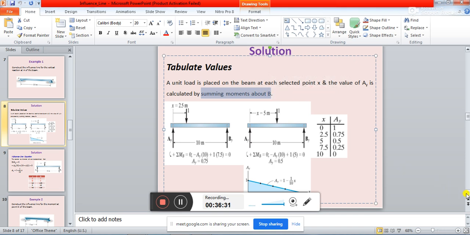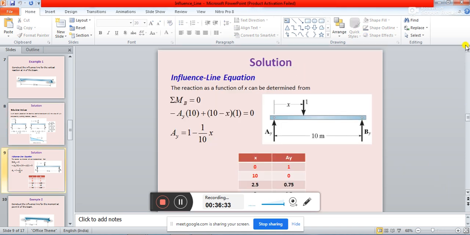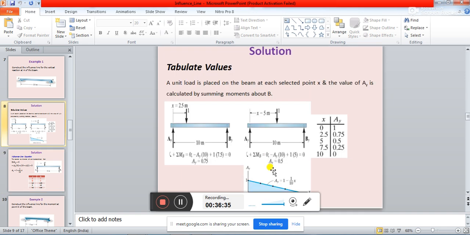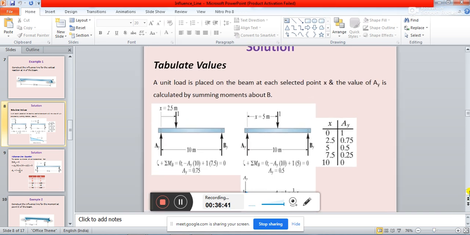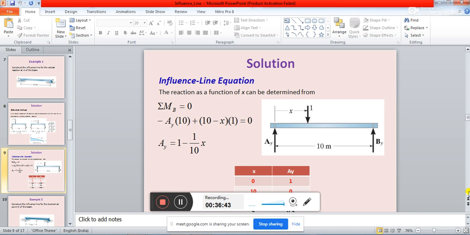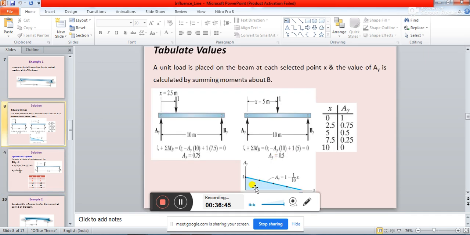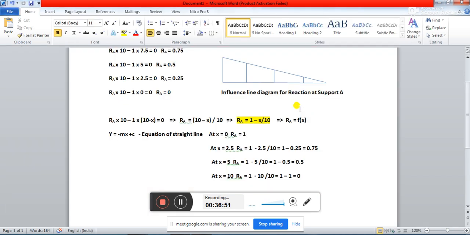And you are going to get the diagram something like this. If you see, the diagram is something like this. We have got exactly the same equation. And what is the equation? What is the equation of this straight line?